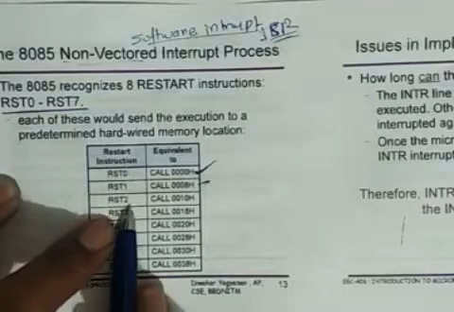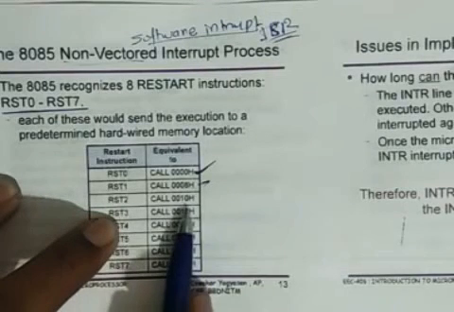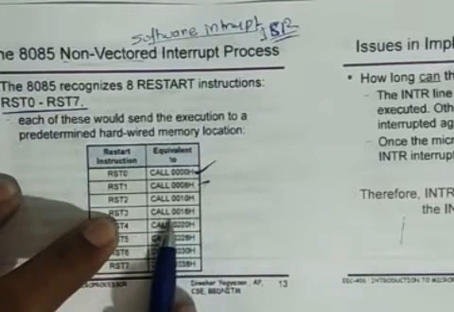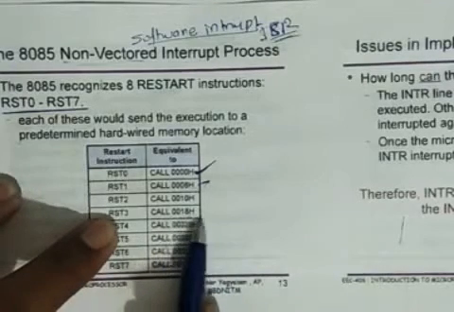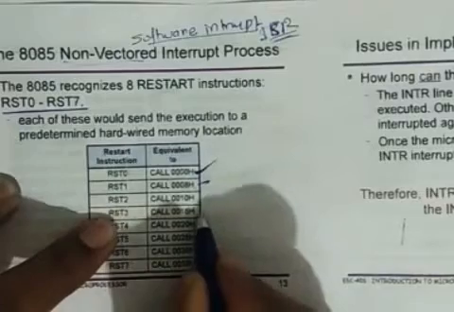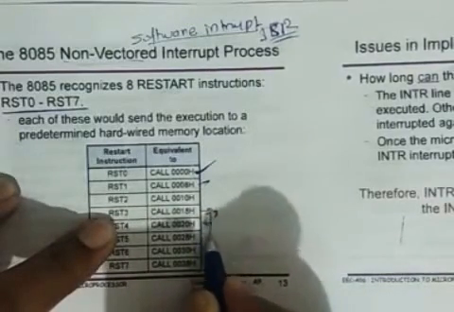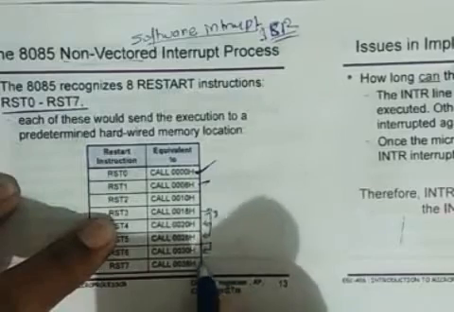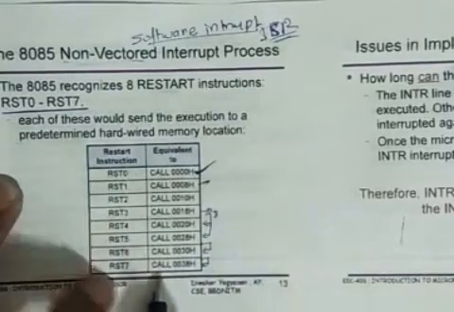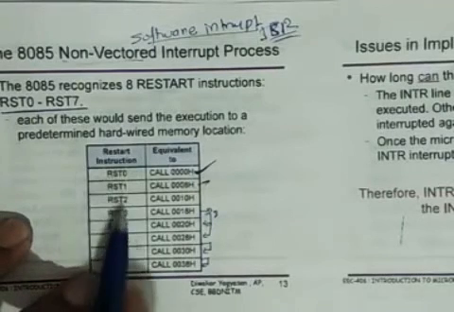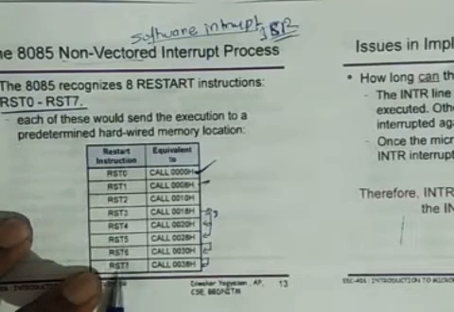Again adding 8 to 0010H, we get 0018H. Like this, each time 8 is added and we get the next hexadecimal address of the interrupt service routine for the next RST instruction.